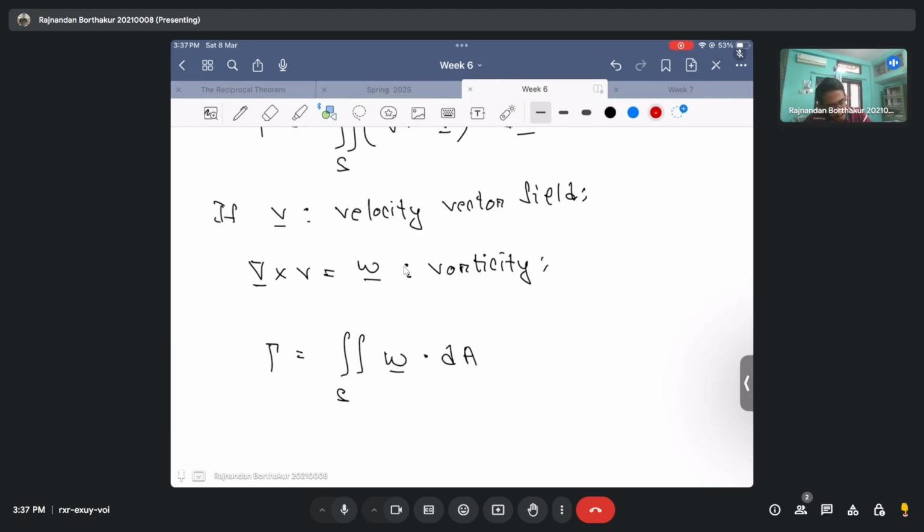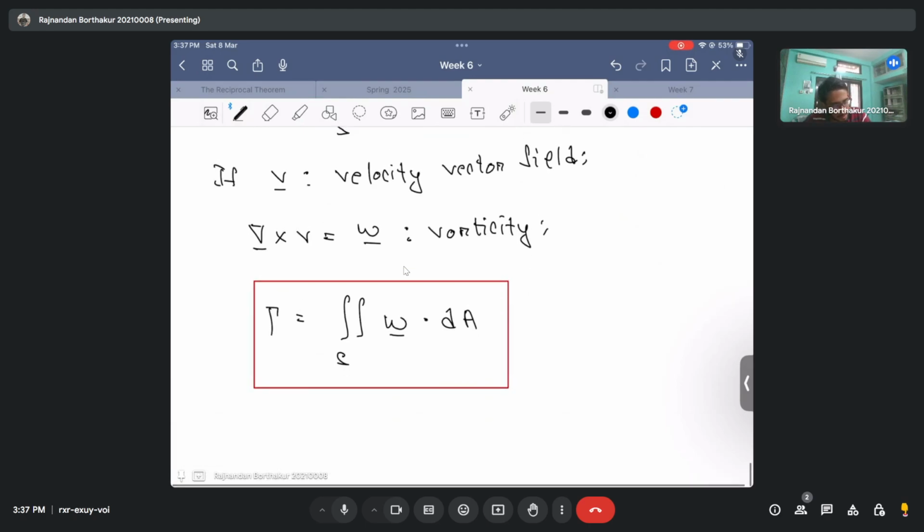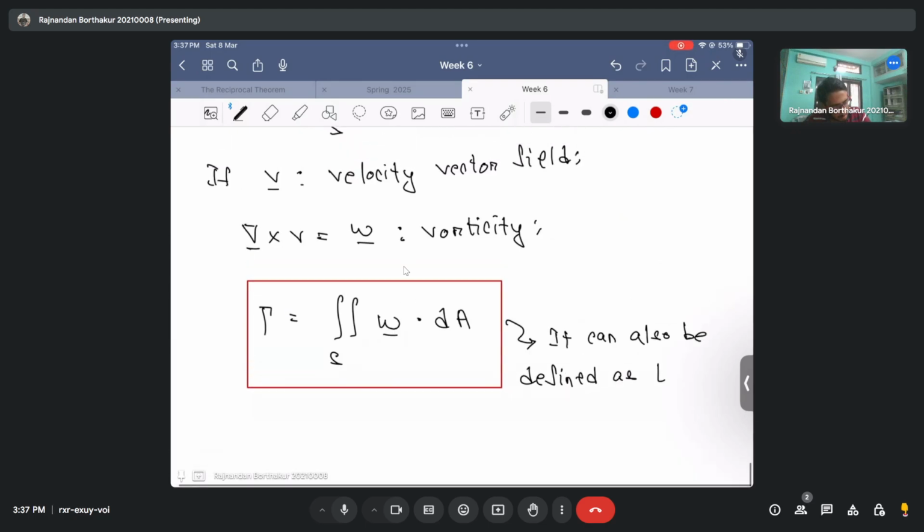That is another definition of circulation, which means the circulation can also be defined as the flux of the vorticity vector through a surface S.